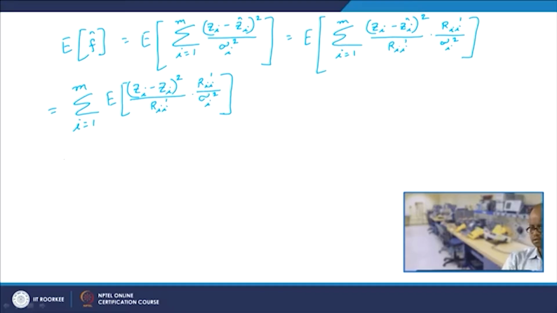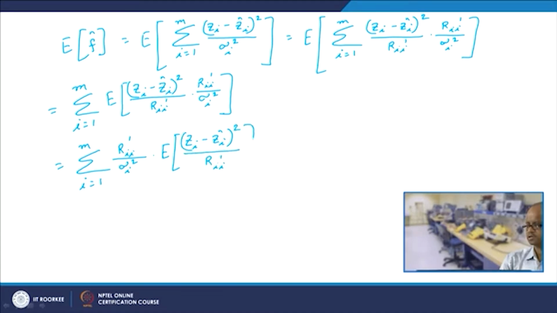Now, this is something into this, so I can take it out. So, I can write I equal to 1 to m R I dash by sigma I whole square into the expected value of Z I minus Z I hat square by R I dash.